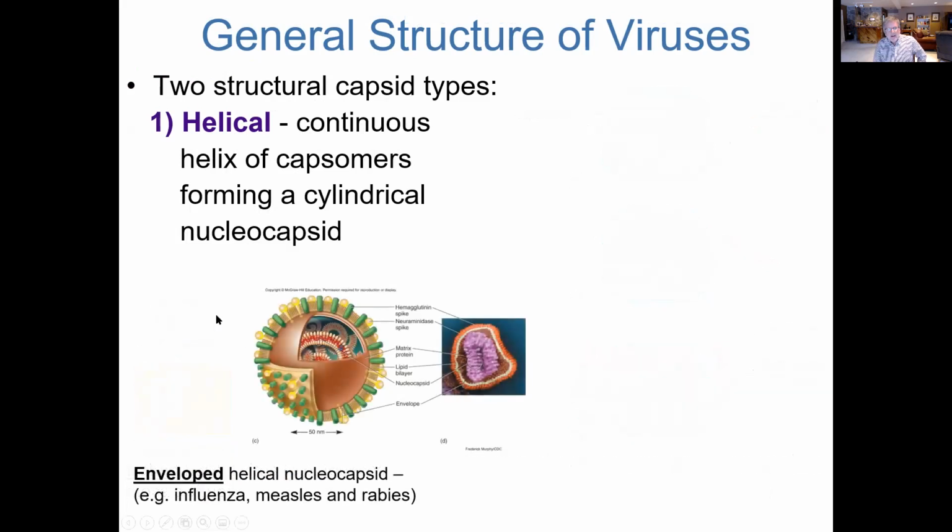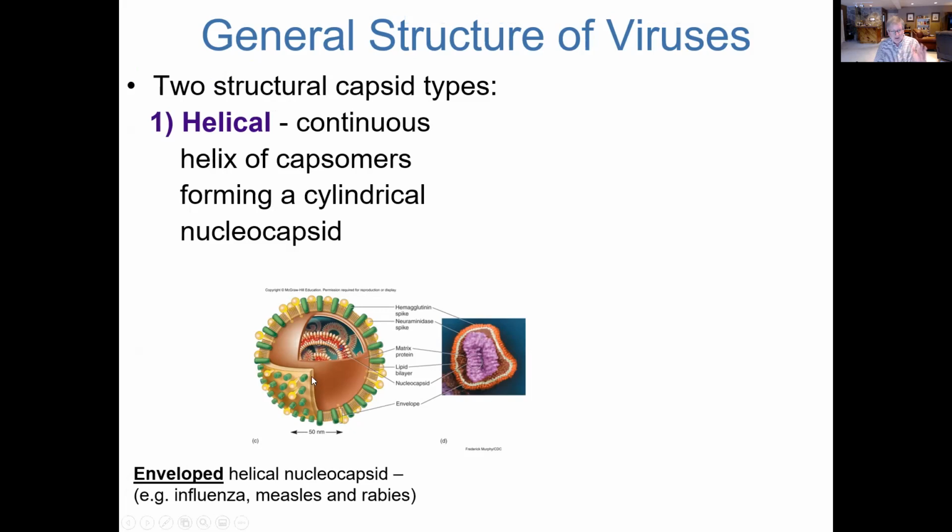Here we've got, again, a helical capsid. In this cutaway view of this virus, we can see that here. It's very helical. Only this particular helical nucleocapsid has an outer envelope, right? As compared to the naked helical nucleocapsid like we had with tobacco mosaic virus.